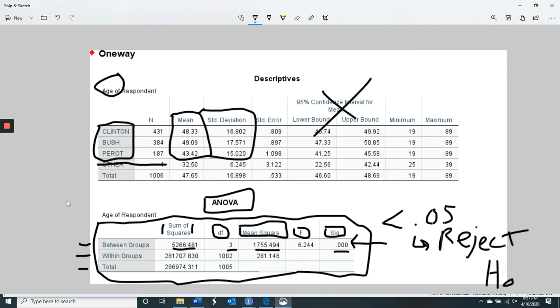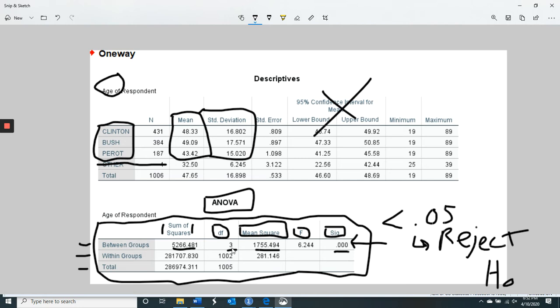That's all you need to say for those 2 sentences. And then for sentence number 3, we have to give the overall finding. And so here, we would say that age is significantly related to who people voted for in the 1992 presidential election, F(3, 1002) = 6.24, p < 0.05.